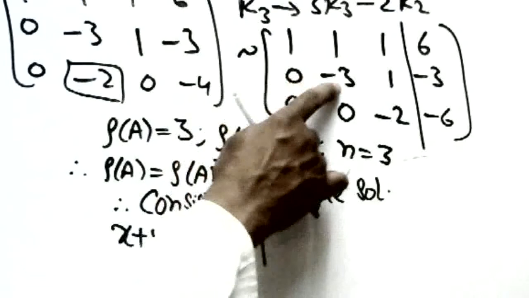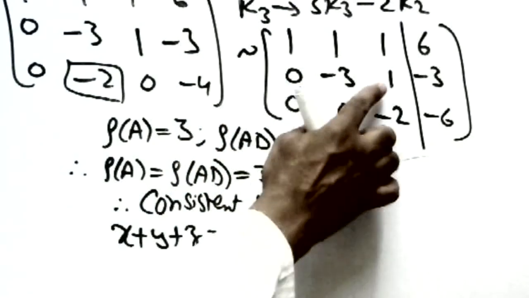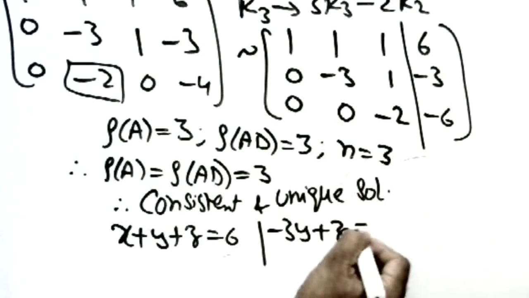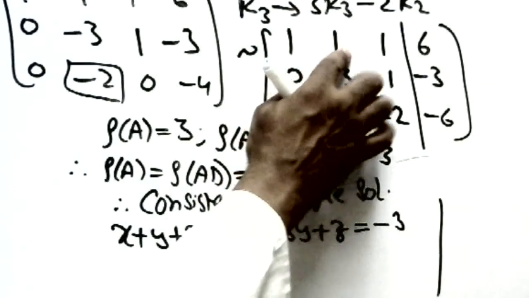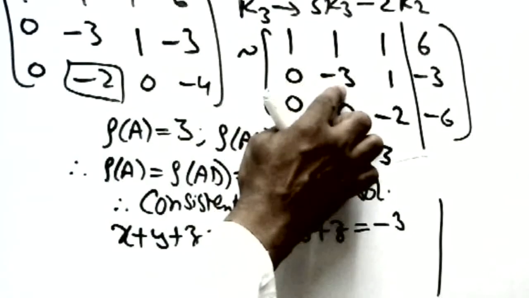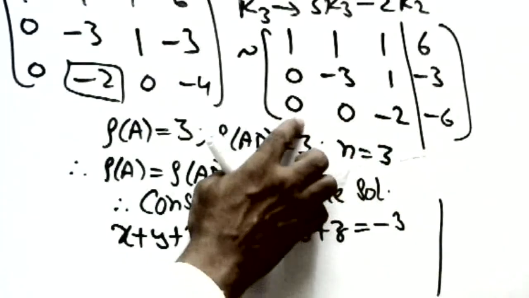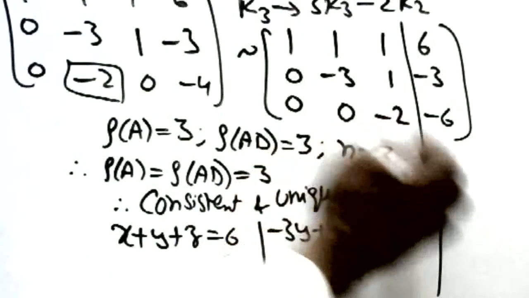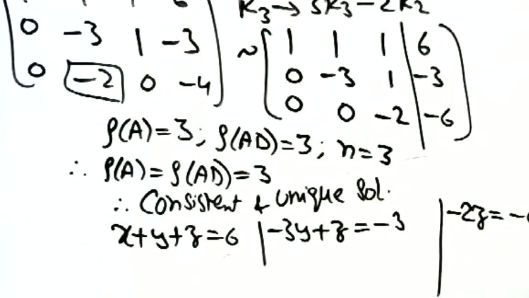One equation got here. 0x means 0, leave this one, minus 3y plus 1z means z equals minus 3. x plus y plus z equals 6. x is 0, minus 3y plus z equals minus 3. x is 0, y is 0, minus 2z equals minus 6.